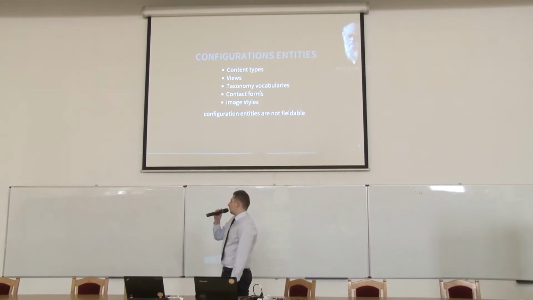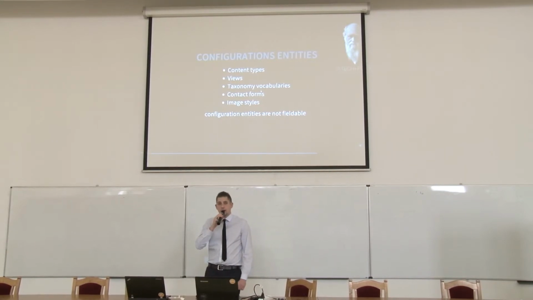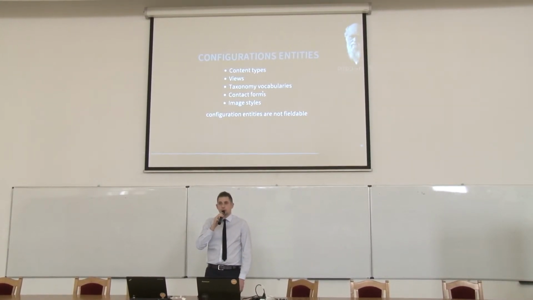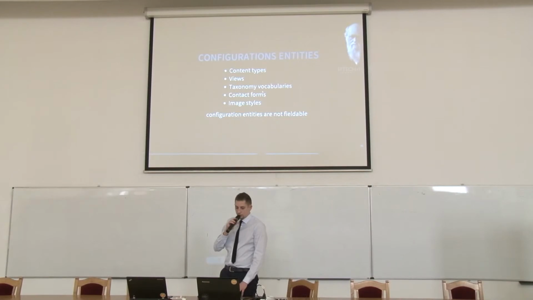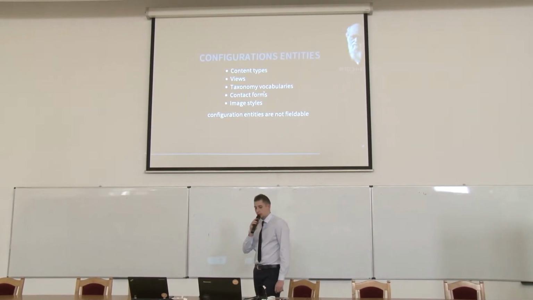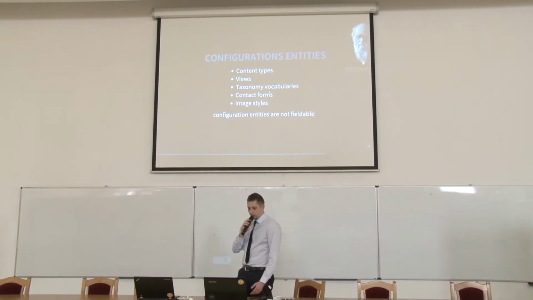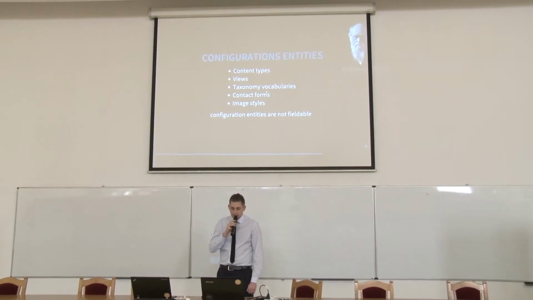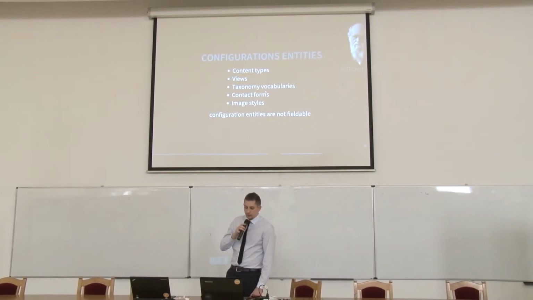We have a lot of configurations saved in YAML files, like the routes, like the schema, that are all configurations. Then we have in core, for example, as configuration entities the content types, the views, taxonomy vocabularies, contact forms, image styles. It's very important that configuration entities are not fieldable.